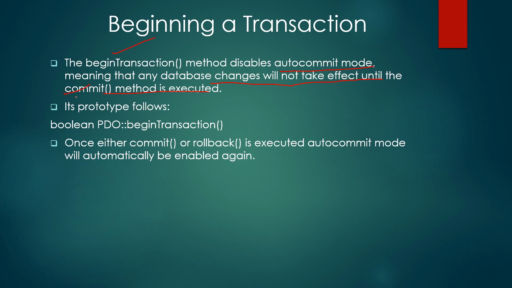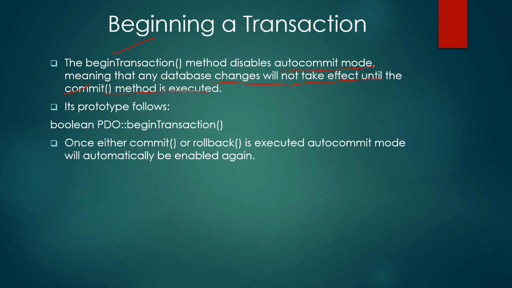So manually you will have to make all the changes by running this commit method. The commit method means we are basically saying, commit all the changes that I have done, so please make those changes.